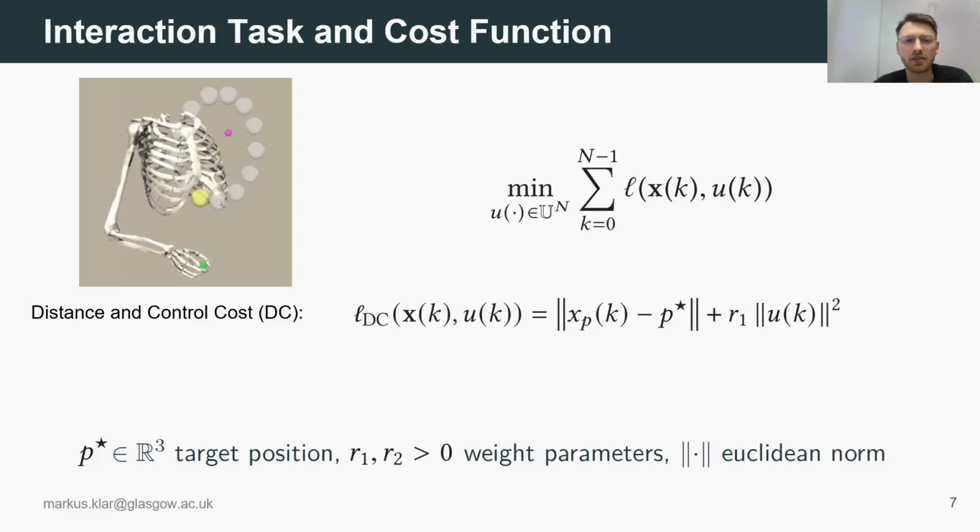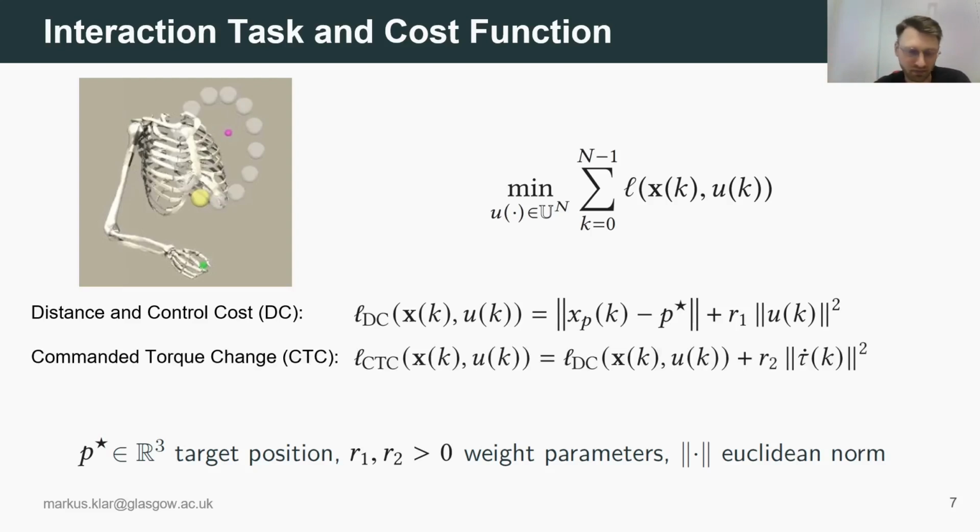So we penalize the distance of the current cursor position p_k to the target p star. And then on top of that, we add a term that penalizes high control effort. And this term is also weighted by a parameter R1 that we can increase or decrease depending on the user's preferences.